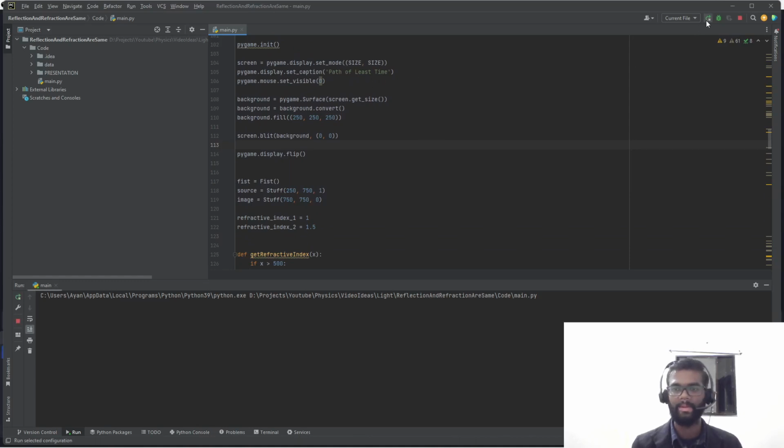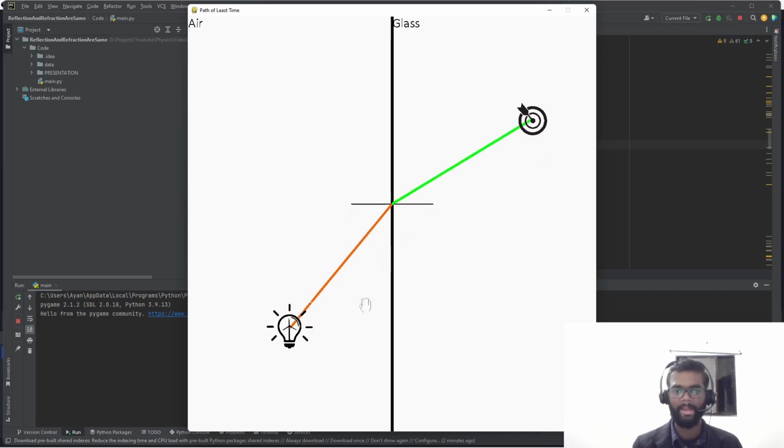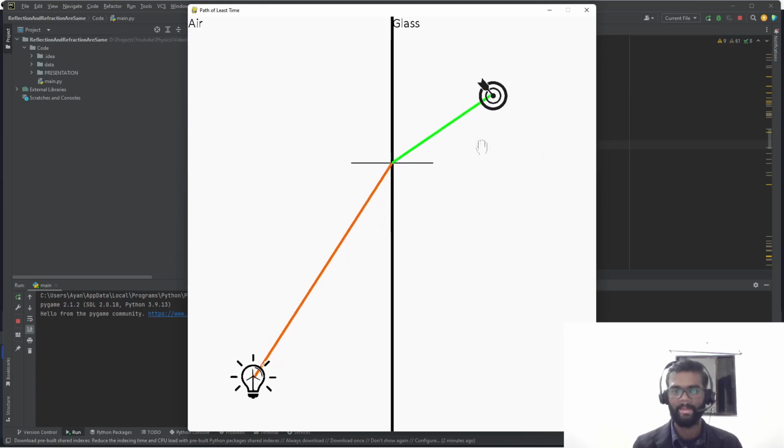Let me run this code. So we have two media. On the left hand side we have air, on the right hand side we have glass. We have a source and target. The light coming out of this source is orange, then it makes a transition, and this is green. We can move these objects using this grabber.